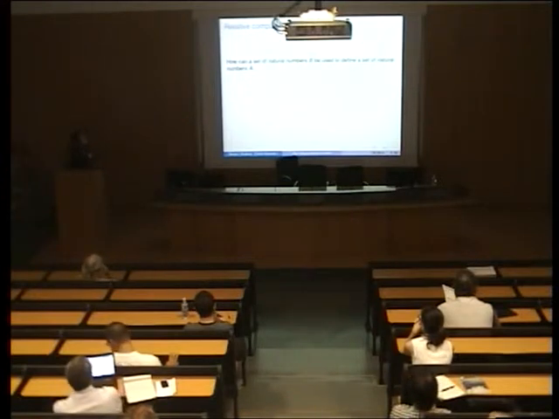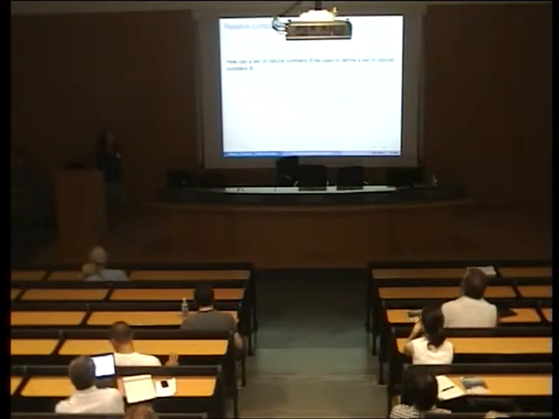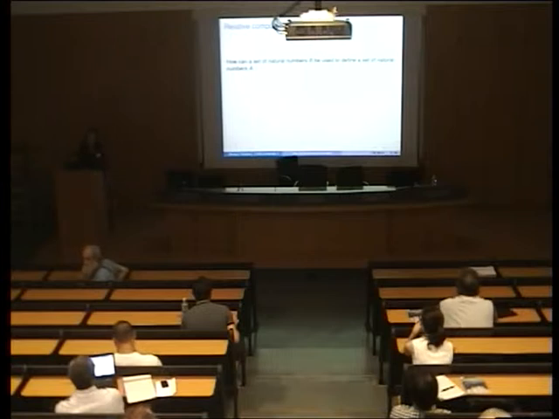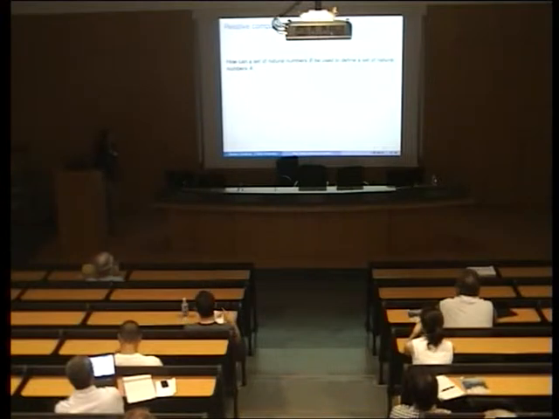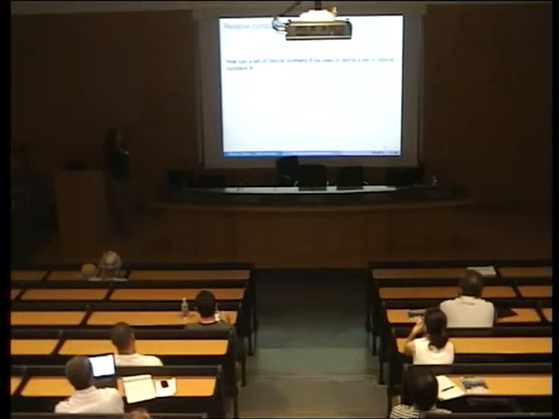But still, so now the question becomes, how can a set of natural numbers B be used to effectively define a set of natural numbers A? And still, there's not just one way to make this precise. I will talk about two ways in which this can be made precise.